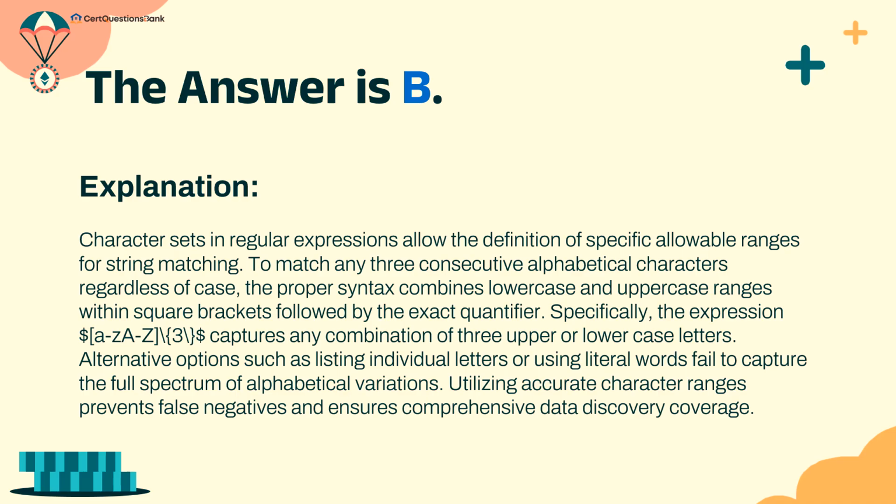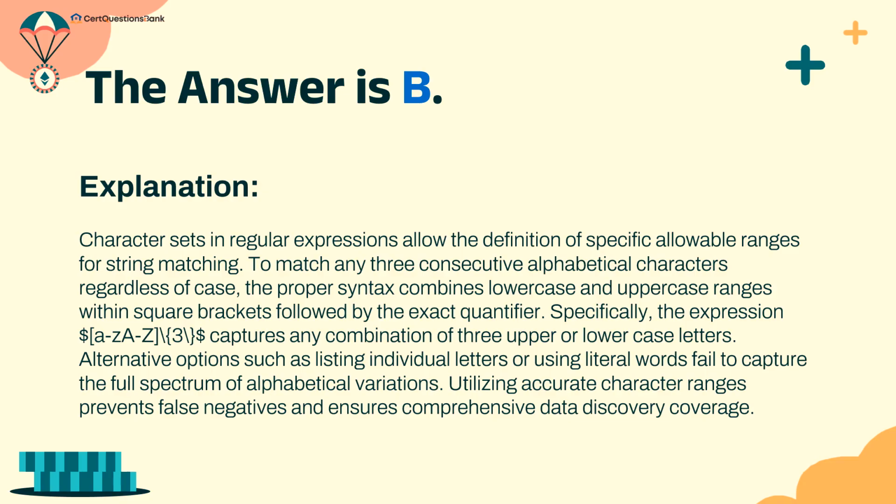Character sets and regular expressions allow the definition of specific allowable ranges for string matching. To match any 3 consecutive alphabetical characters regardless of case, the proper syntax combines lowercase and uppercase ranges within square brackets followed by the exact quantifier.